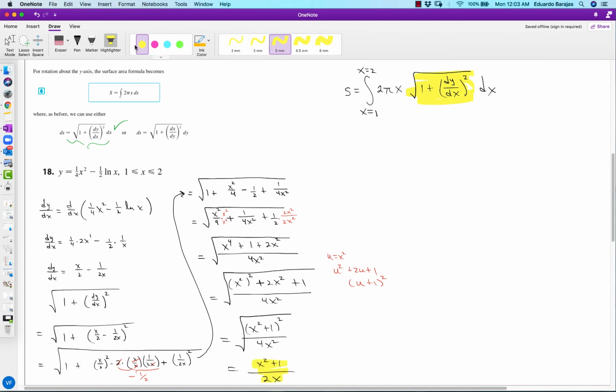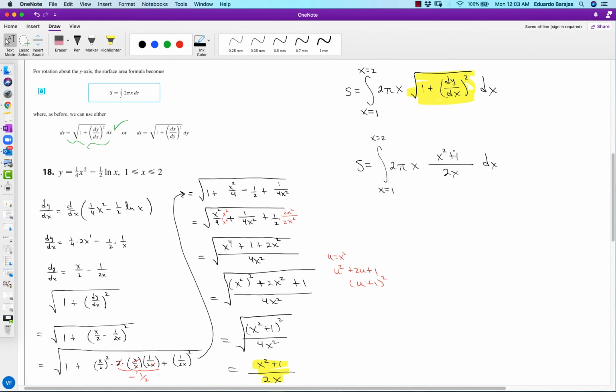So I'm going to just substitute it right in there and get that my surface area of interest is the integral as x ranges from 1 to 2 of 2 pi x, and then there's this fraction with a x squared plus 1 divided by 2x dx.